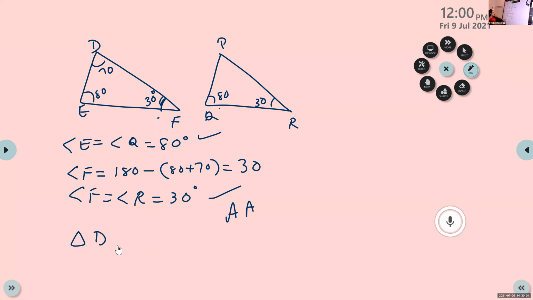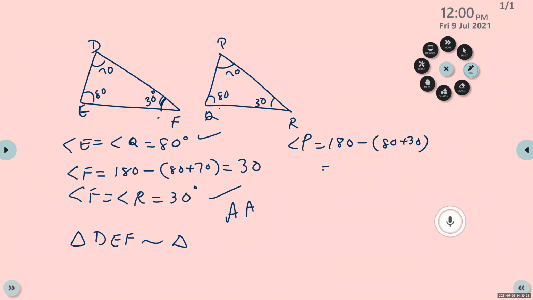Corresponding to D we have P. Angle P will be 180 minus (80 plus 30), that is 70.